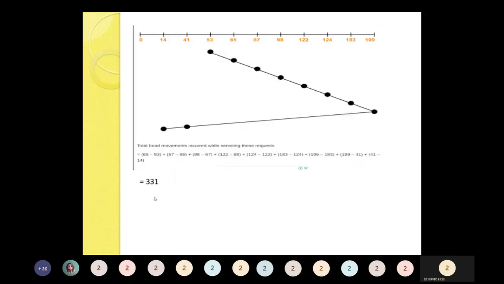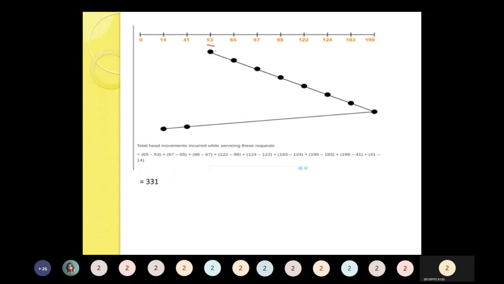Same here. My requests are written at the top, and my starting position is 53. From 53, the nearest one is 65, moving toward the front.